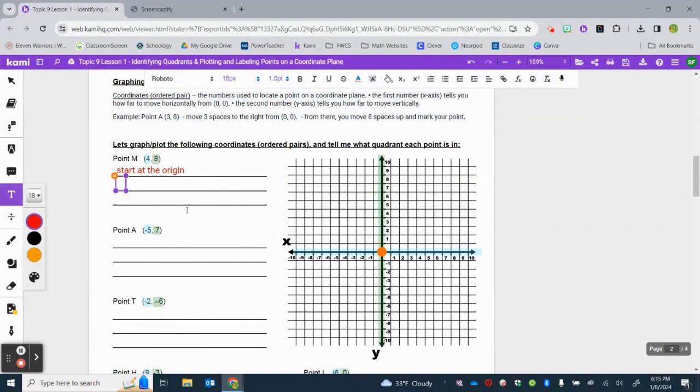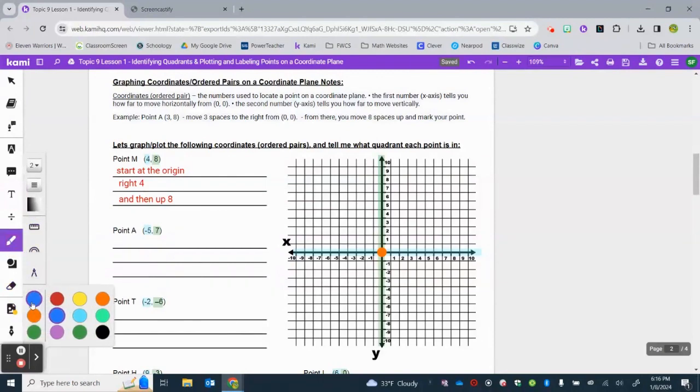So if I start at the origin, I'm going to go right to 4. So I'm going to say right 4. And then the 8 tells me where I need to go on the y-axis. So that would tell me that I need to go right 4 and then up 8. And that is where I would plot point M.